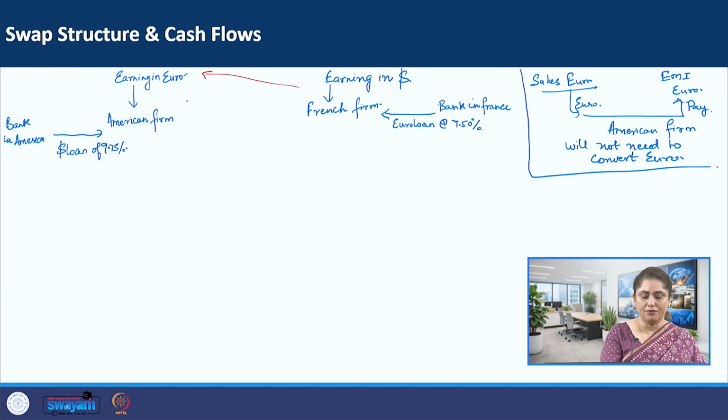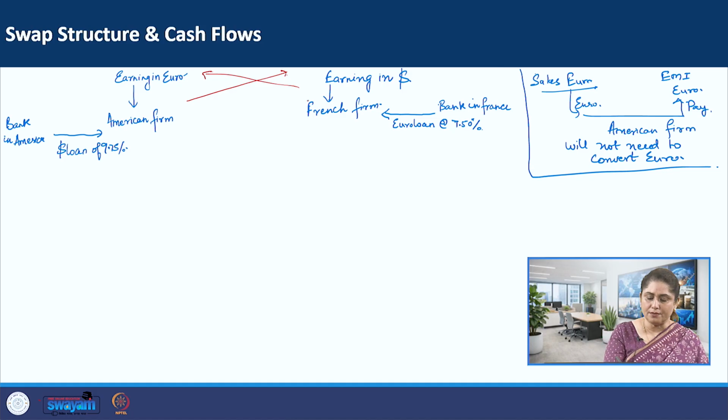The French firm will swap its euro loan with the dollar loan, and American firm will swap the dollar loan with the euro loan of the French firm. So, hence both of the parties are going to pay each other's EMIs, and how they are going to also earn from the difference in the interest rate, let us see that.